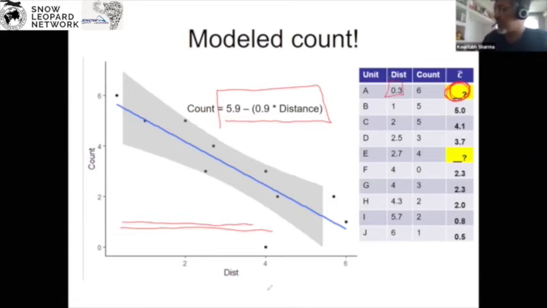In other words, what I will do is 5.9 minus 0.9 multiplied by, what will I write here? 0.3. Can you guys do this and give me the answer here?